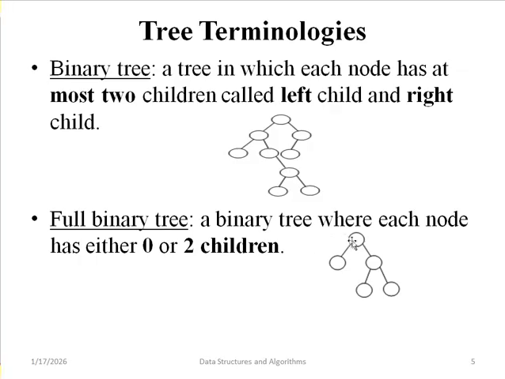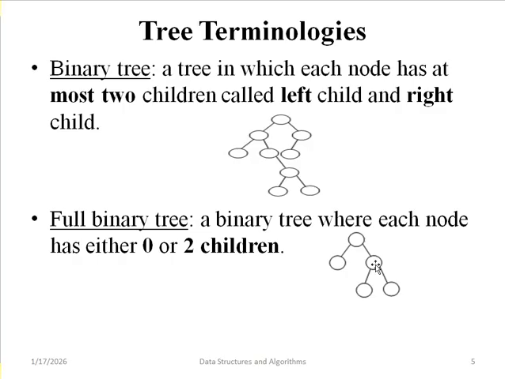A full binary tree is a binary tree where each node has either 0 or 2 children. That means every node has either 2 children under it, or no child at all.